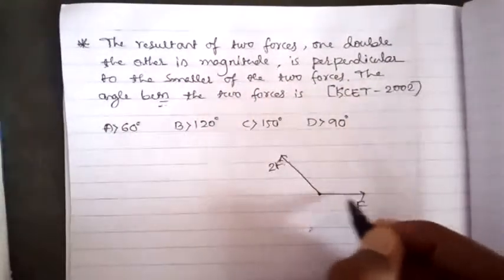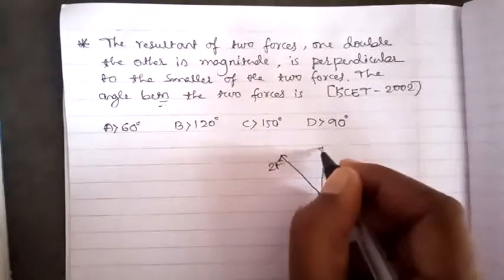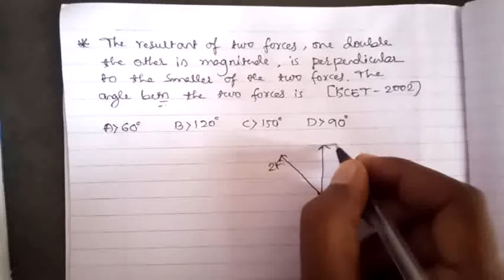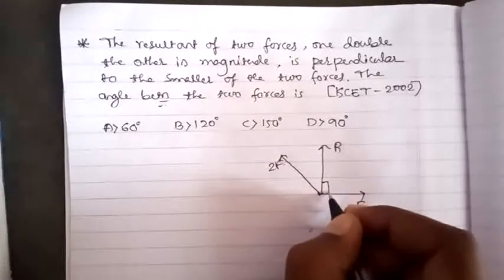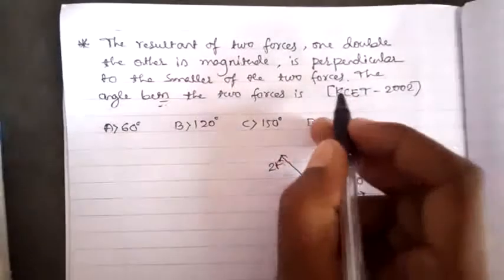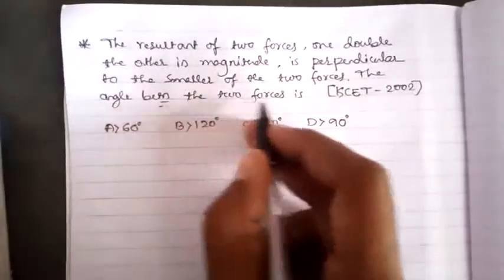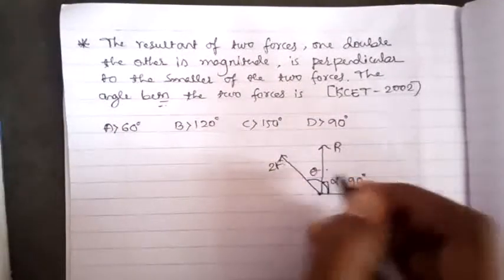Which is the smaller force here? F is the smaller force. I will take the resultant as R here. Then what is the direction of the resultant force here? That is alpha, and alpha is 90. What is our aim? Our aim is to find the angle between these two forces, which means we are going to find theta.